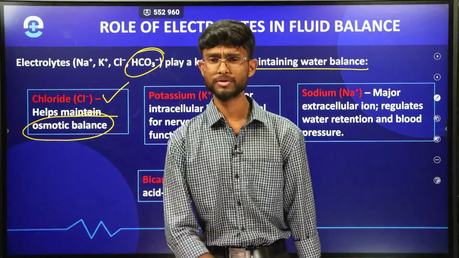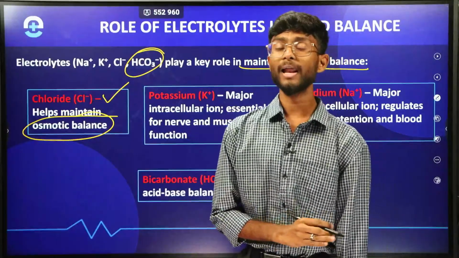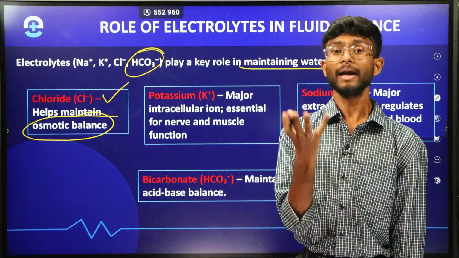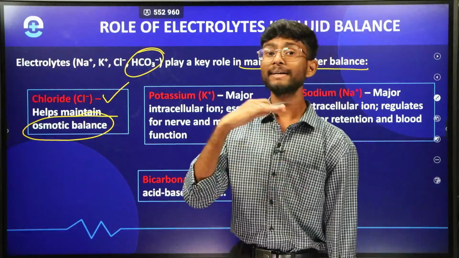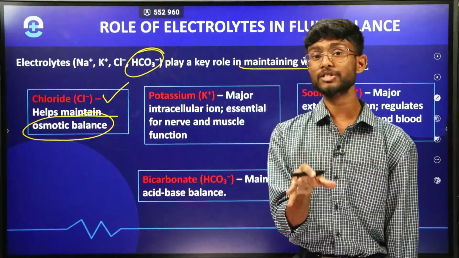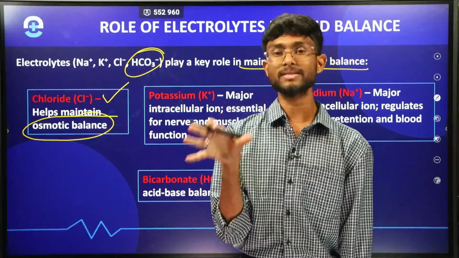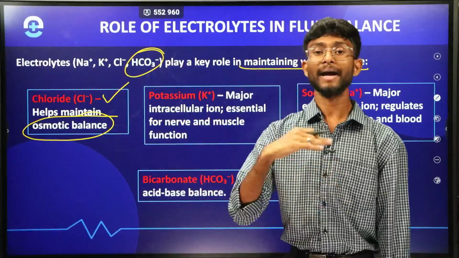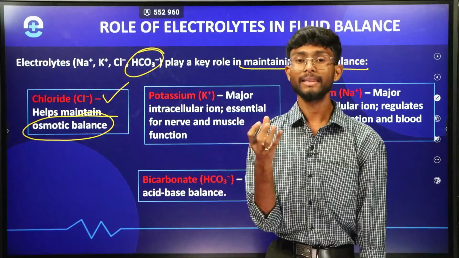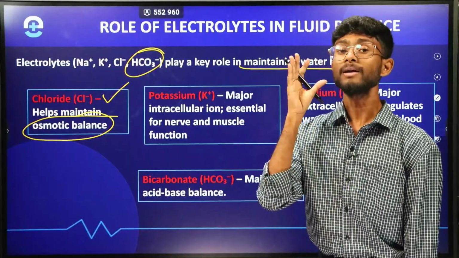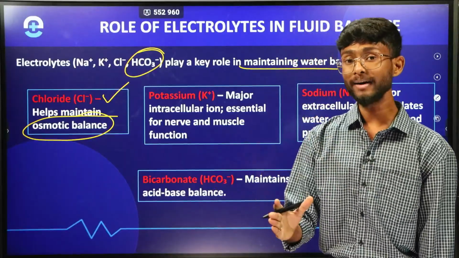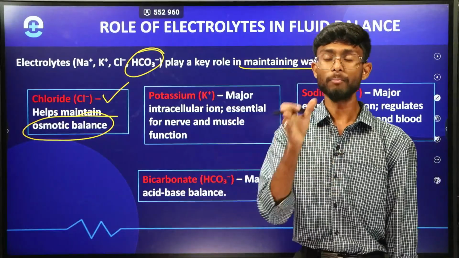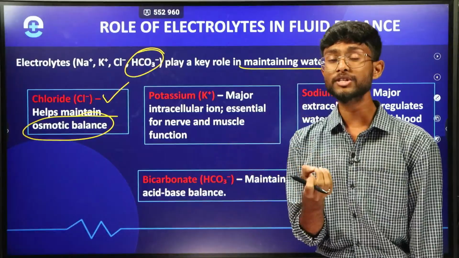What do you mean by osmotic balance? For example, there is a cell. Inside and outside the cell, the solute concentration remains the same. That is osmotic balance. It avoids excessive fluid shifting.